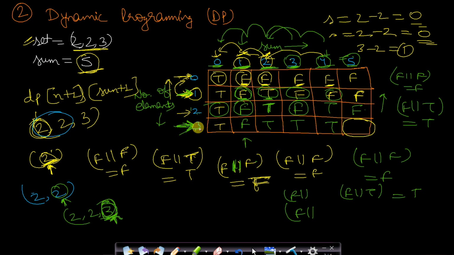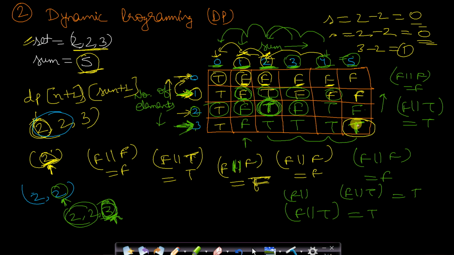If I include it, I will have to decrement the sum by 3, so I will hop back by 3 elements to the left. Now I have a sum left of 2 and the remaining elements are only the first 2. Can I find sum 2 by having just the first 2 elements? It is coming out to be true. Therefore I will write true here. False or true will be equal to true, and therefore this will be true.